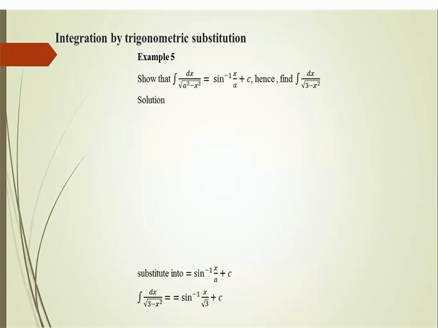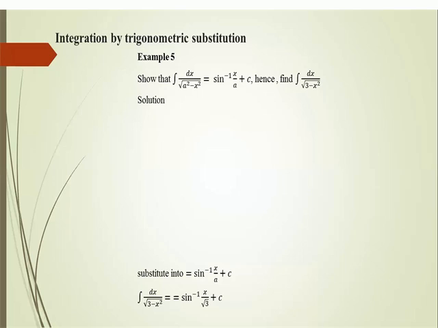Then what is our a squared minus x squared? We say a squared minus x squared equals this a squared. Look at it here. We did that one, but I want to repeat it again. A squared is this, then minus, what is our x? Our x is a sine theta.